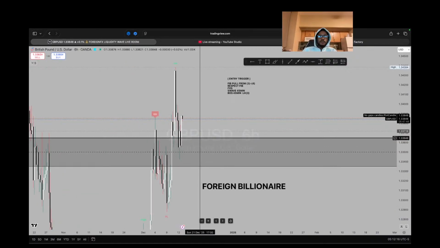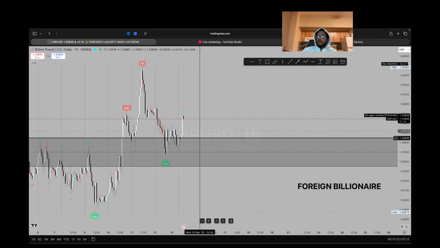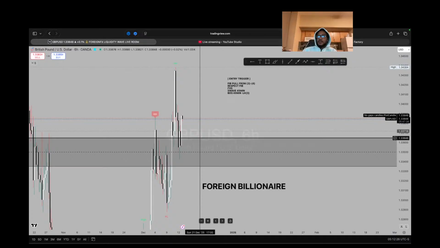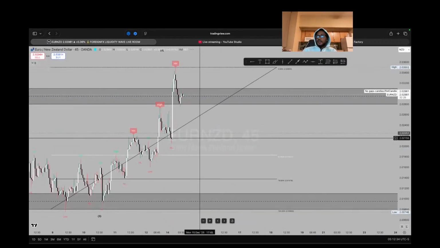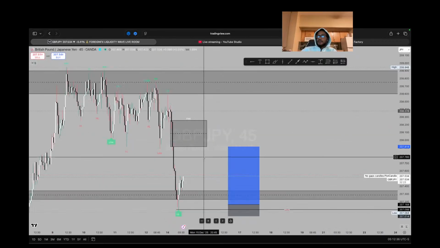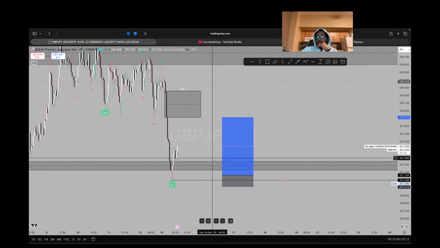Six. This is one, but I don't like 4 hour confirm. 1 hour confirm. A 6 hour has no solid swing structure. So I'm gonna let that one run. GG on the other hand.